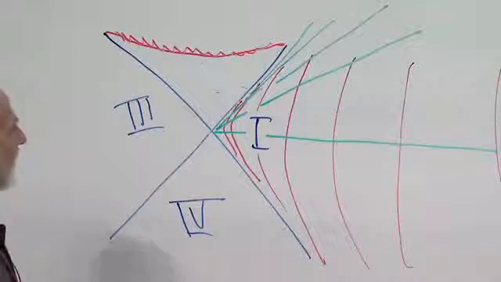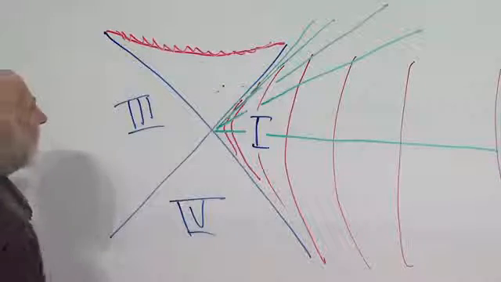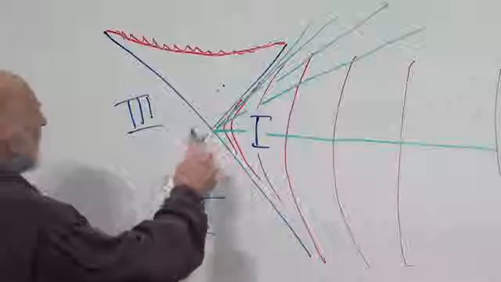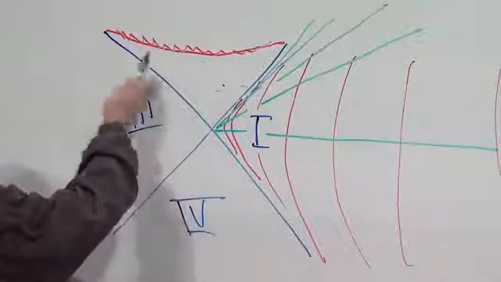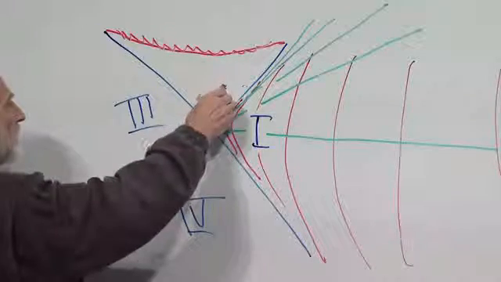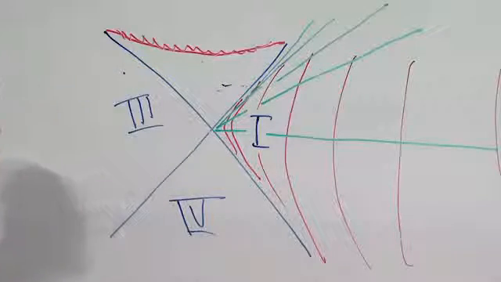Okay? And the problem with it is once you find yourself in quadrant 2, there's no way out. Even if quadrant 3 was meaningful, which it is not, you can't escape from here to out here or to out here without exceeding the speed of light.